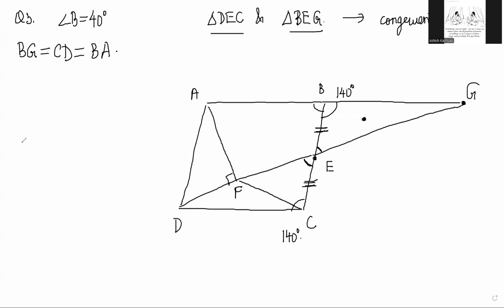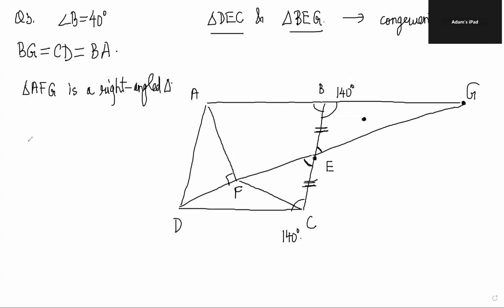Also, we know that triangle AFG is a right angle triangle, because this is 90.